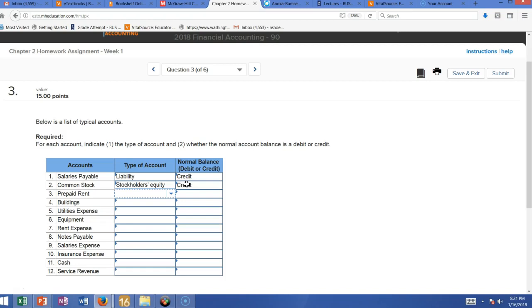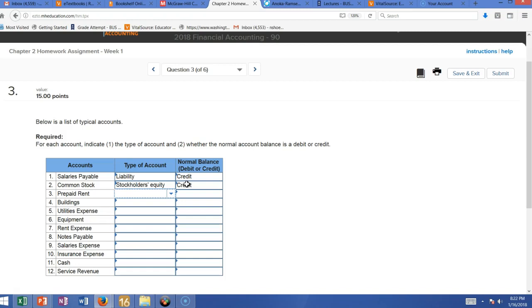It's not really giving us a list of various types of accounts yet, although if you look at page 60, you see assets can be cash or prepaid rent or equipment.